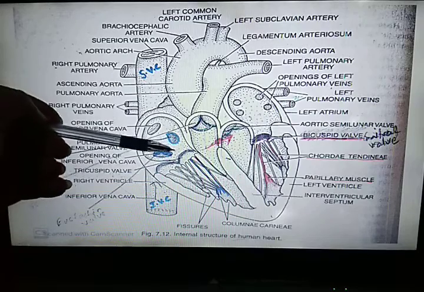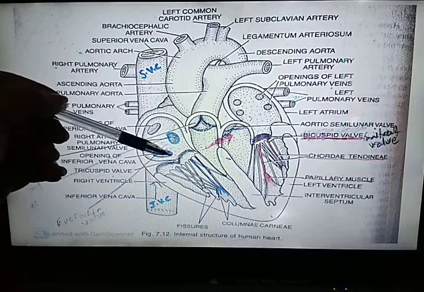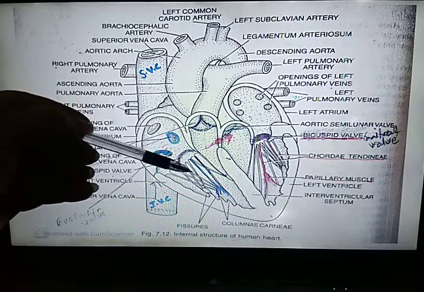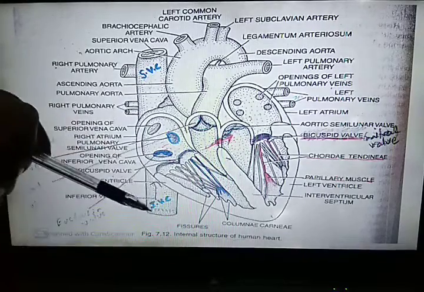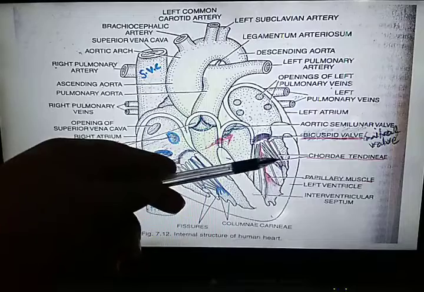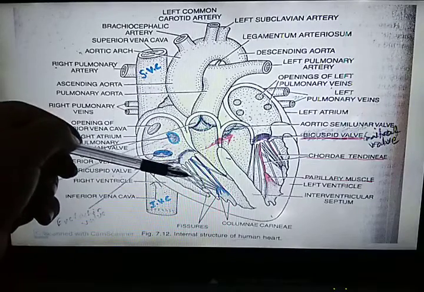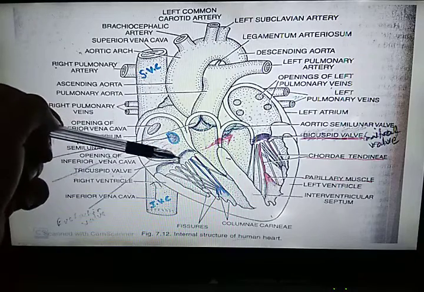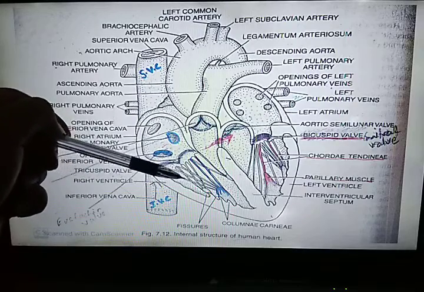Now these valves, the tricuspid valve, are attached with the help of tough white cords called chordae tendineae. I told you earlier, chordae tendineae. These thread-like structures check the pushing of the flap into the auricle during the contraction of the ventricle.